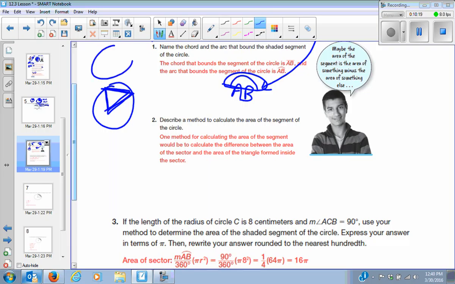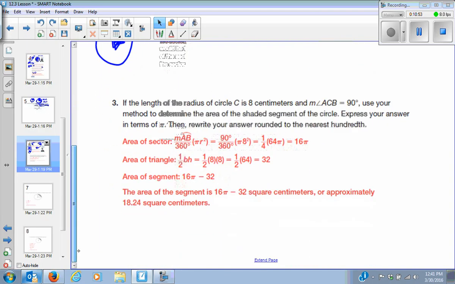If I take the area of this whole thing, which is the area of the sector, and I subtract the area of the triangle, I will be left with this area right here. So that's what they're saying. Find the area of the whole sector, find the area of the triangle, subtract them, and you are left with this right here. Hopefully that makes sense. All right.